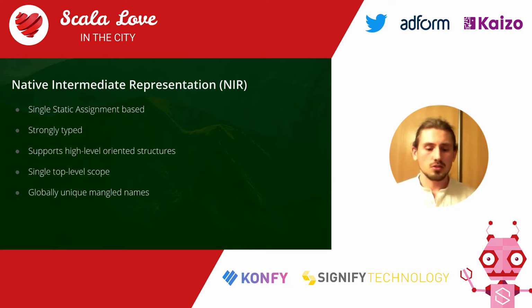Another thing worth mentioning is that all the definitions in NIR are stored in one single top-level scope. This means that we also need to provide some naming schema to make them globally unique.